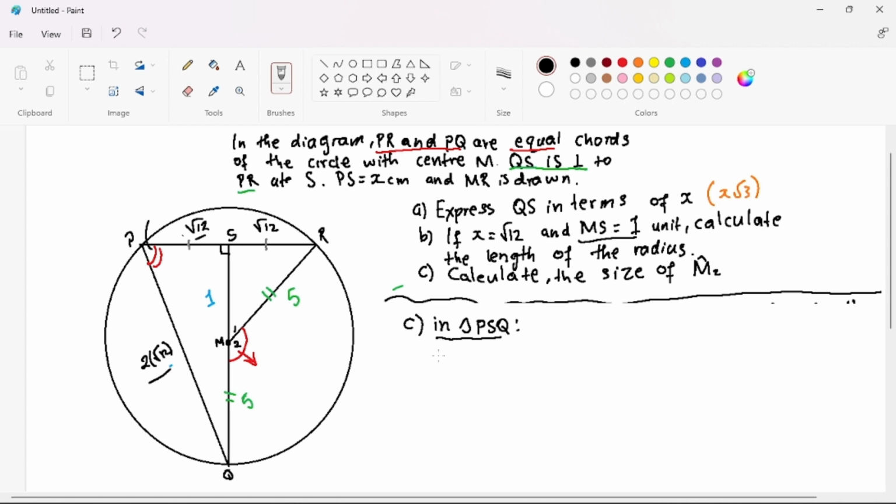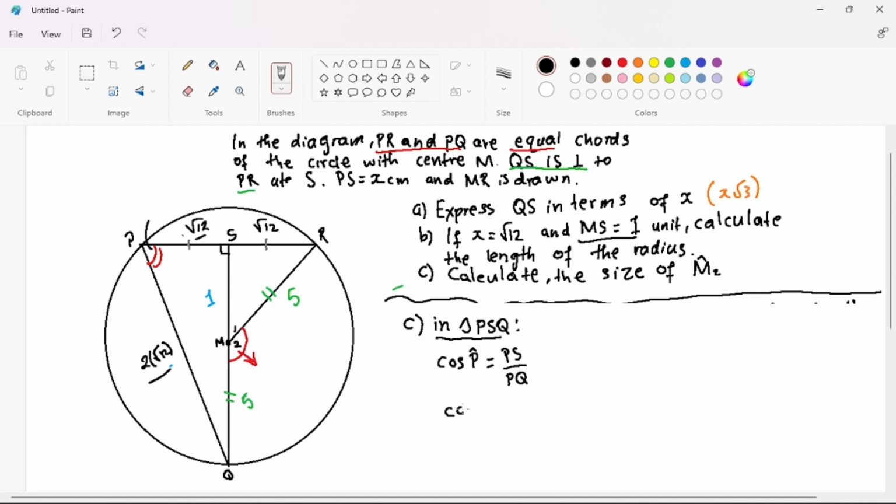So let's use cos. What is cos? Cos is adjacent over hypotenuse. So that simply means you are going to say cos P is equal to, our adjacent is PS, and our hypotenuse is going to be PQ.